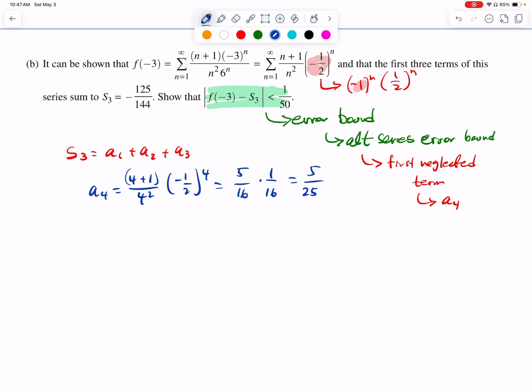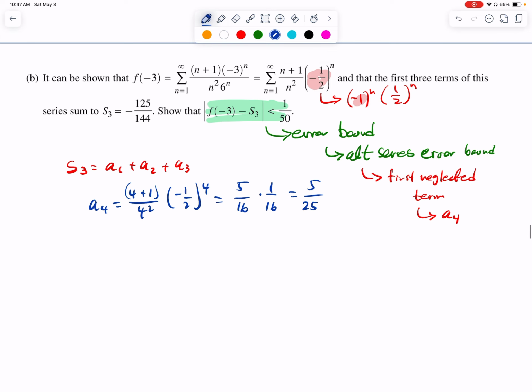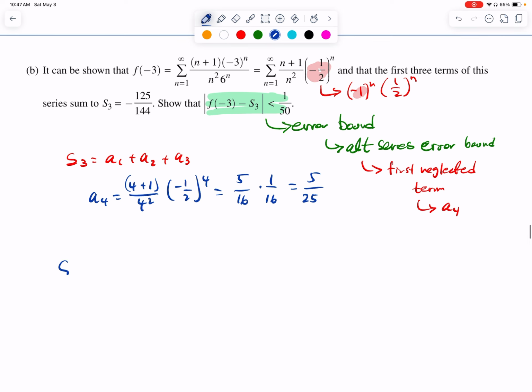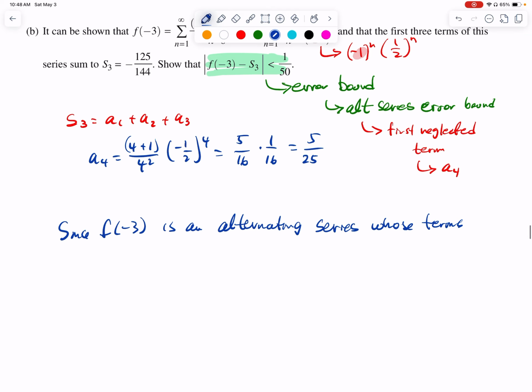So I am going to say something along the lines of, since f of negative 3 is an alternating series whose terms, look at how clear this writing is. It's like this hybrid of cursive and print that's gorgeous with this Apple Pencil.